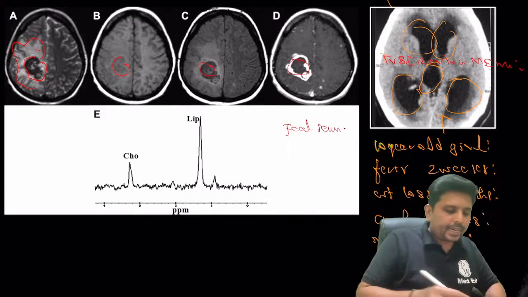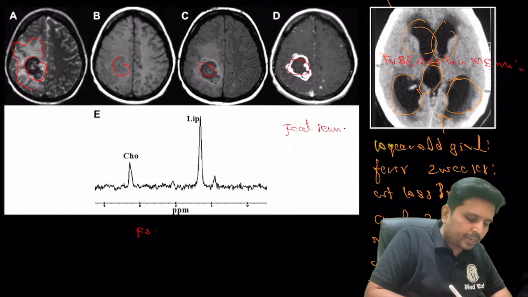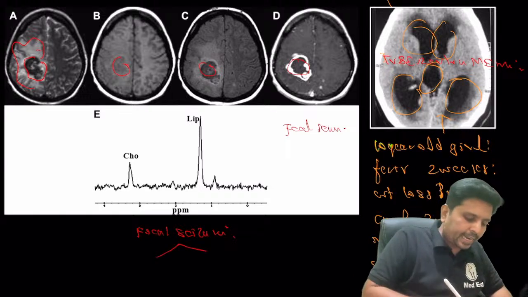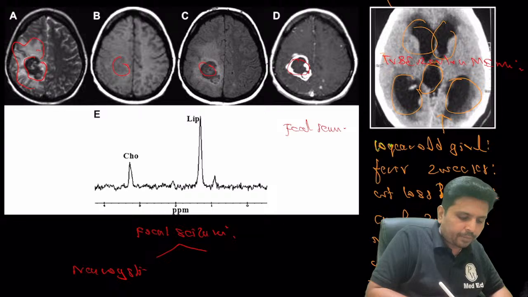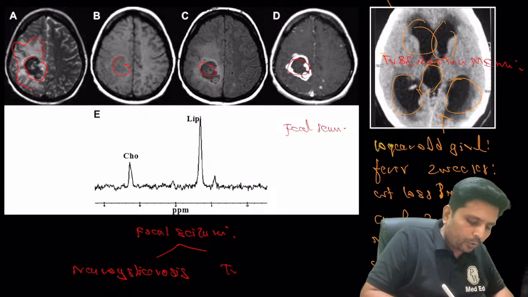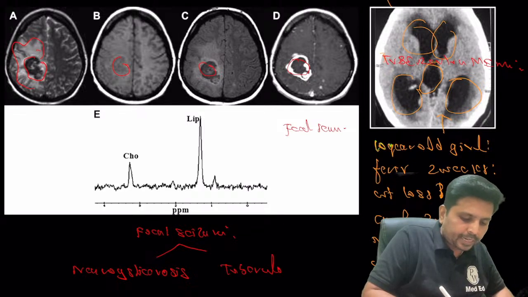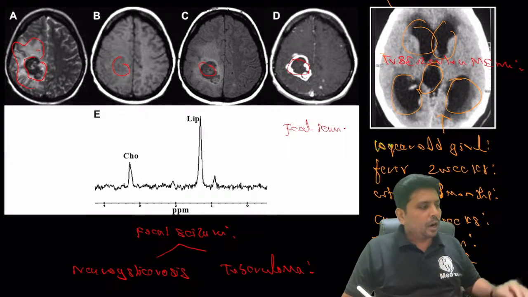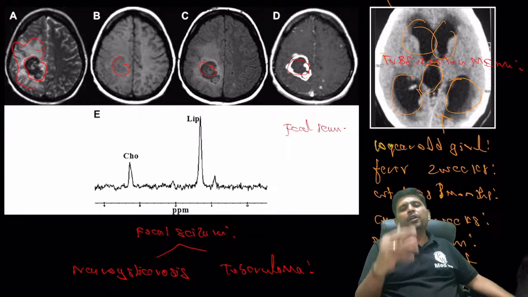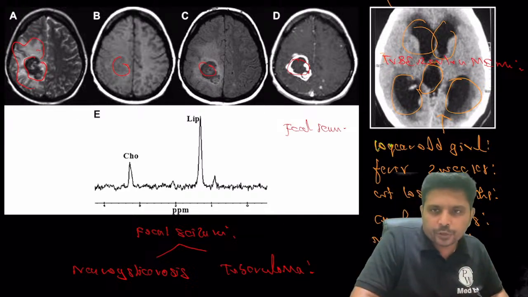In a country like India, if a child is presenting with focal seizures, it can be due to two things. One is it can be neurocysticercosis, or it can be tuberculoma. How to differentiate whether it is a case of tuberculoma or neurocysticercosis?